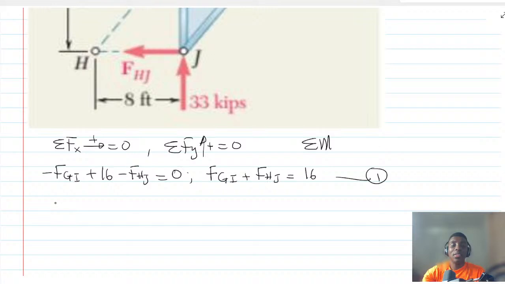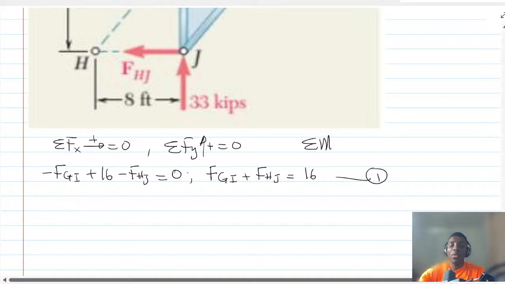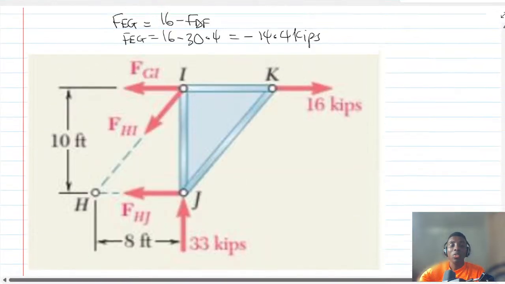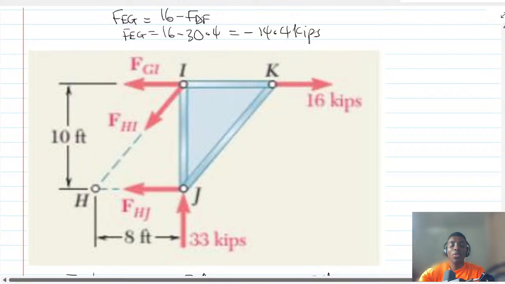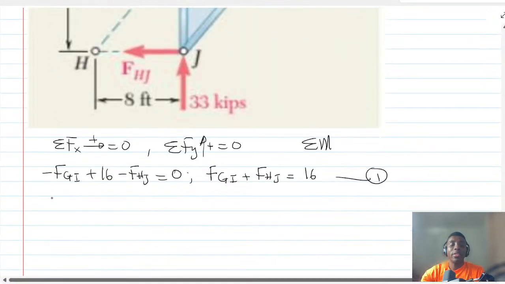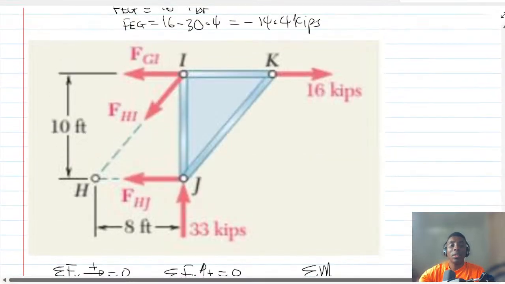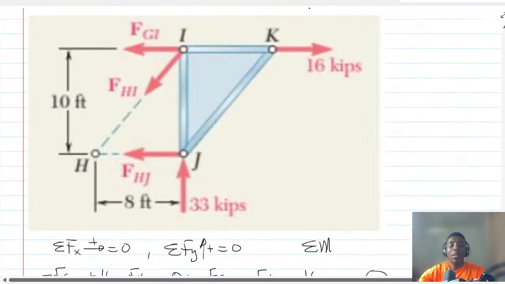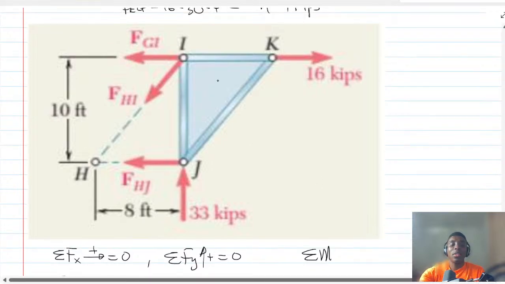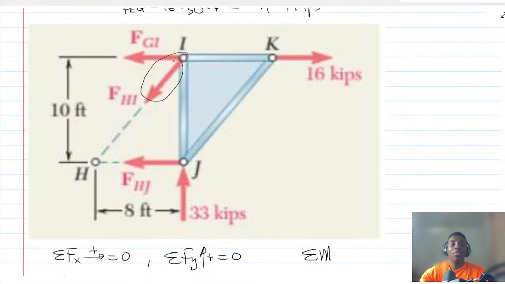And then let's sum forces along the y. So to sum forces along the y, 33 is going up, and then this force here, FHI. So let's find the angle here.